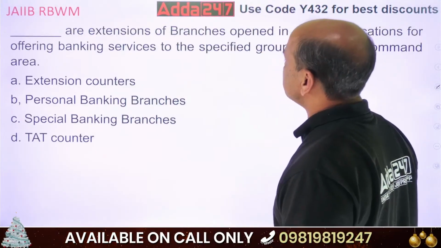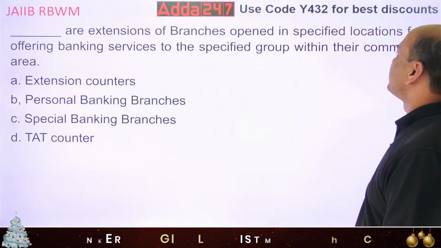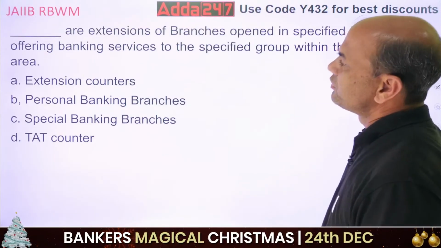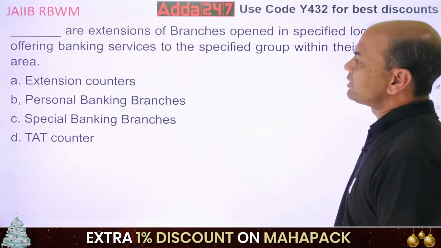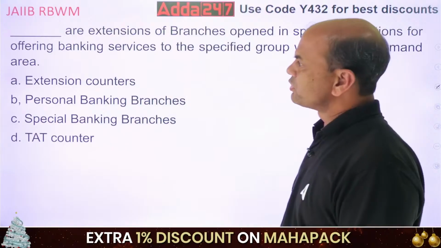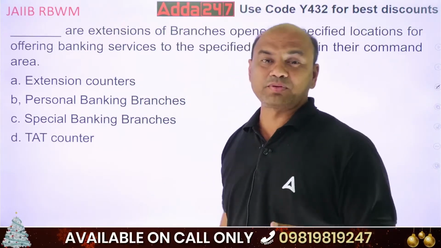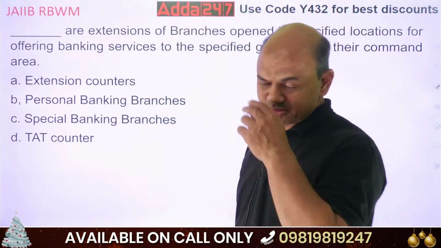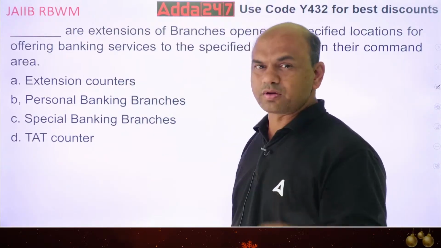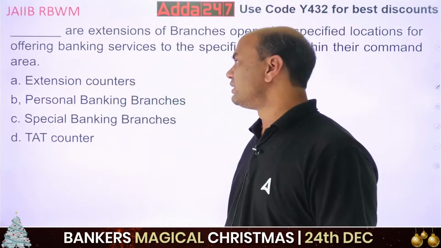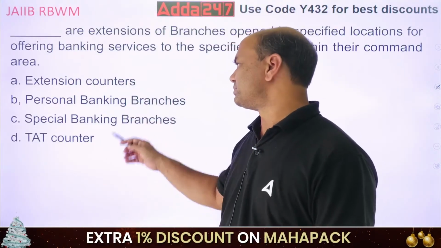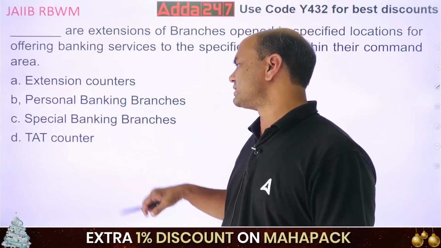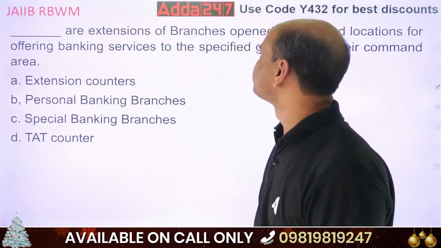Dash are extensions of branches opened in specified locations for offering banking services to the specified group within their command area. So what are these? Many of you might have been working in those, right? In banks, we have one thing called what? Extension counter, personal banking branches, special banking branches, TAT counters.